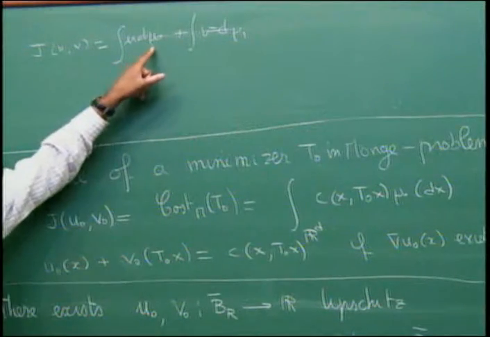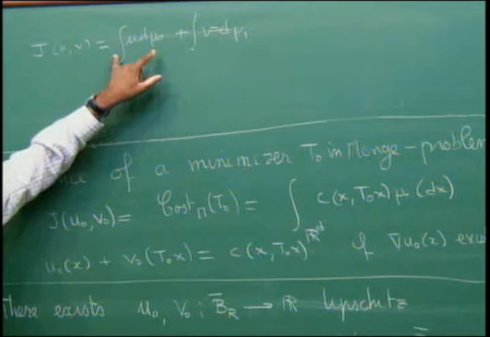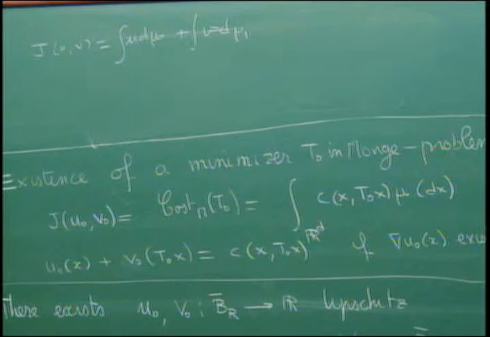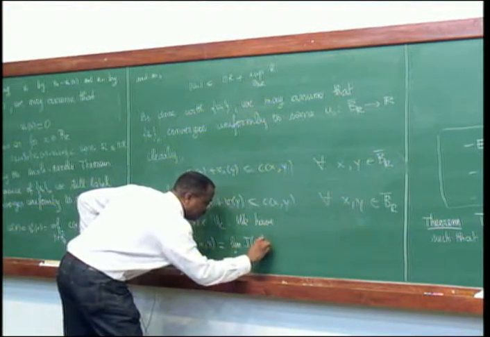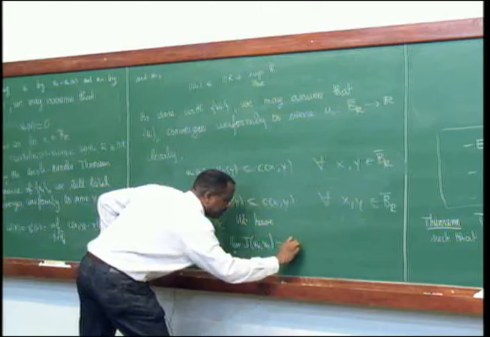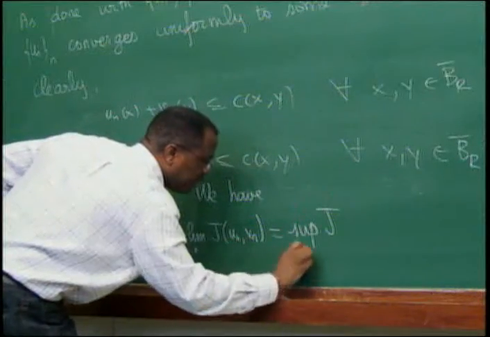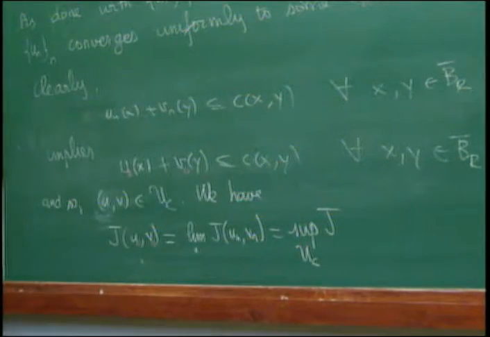Here I have a probability measure. Therefore, this functional is continuous with respect to uniform convergence. So I can write that this is the limit when n goes to plus infinity of J of (Un, Vn). But that is, by definition, the sup of J over UC. And I have a maximizer.